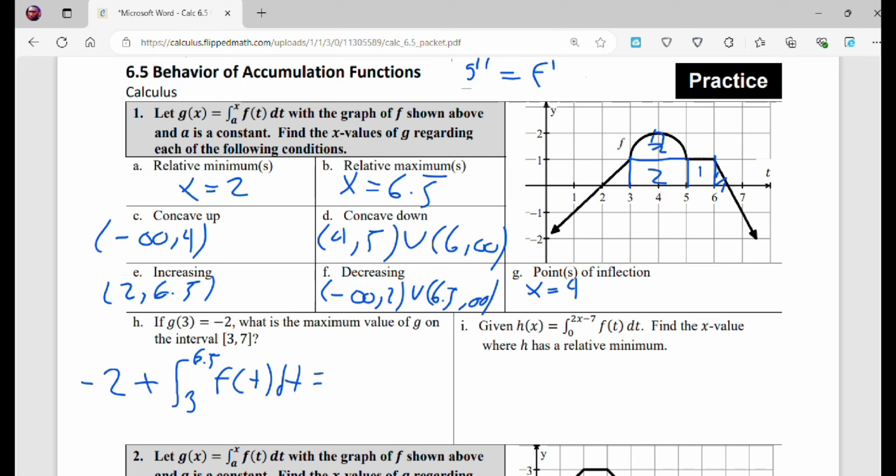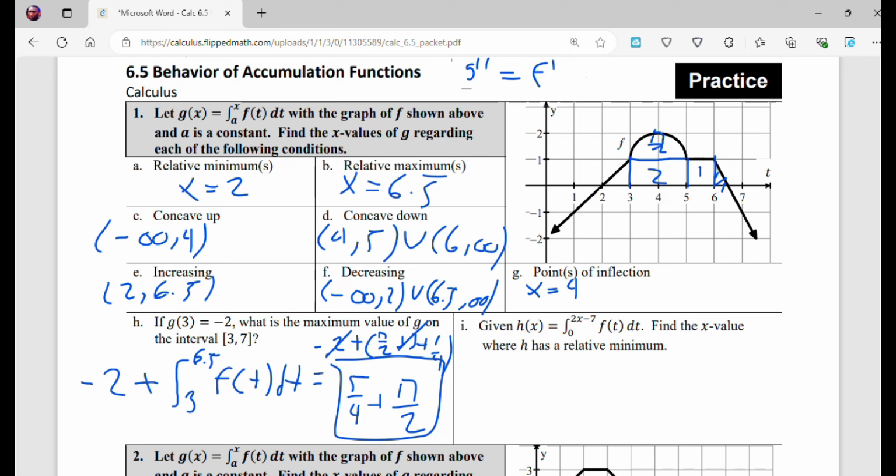So we get negative 2 plus pi over 2 plus 3 plus 1/4. Negative 2 plus 3 gives us 1. 1 plus 1/4 is 5/4 plus pi over 2. That is our answer.